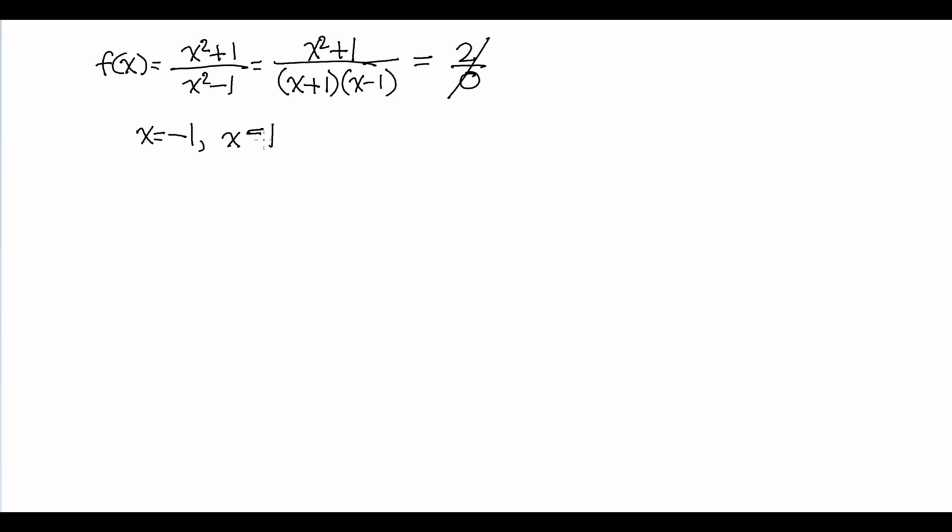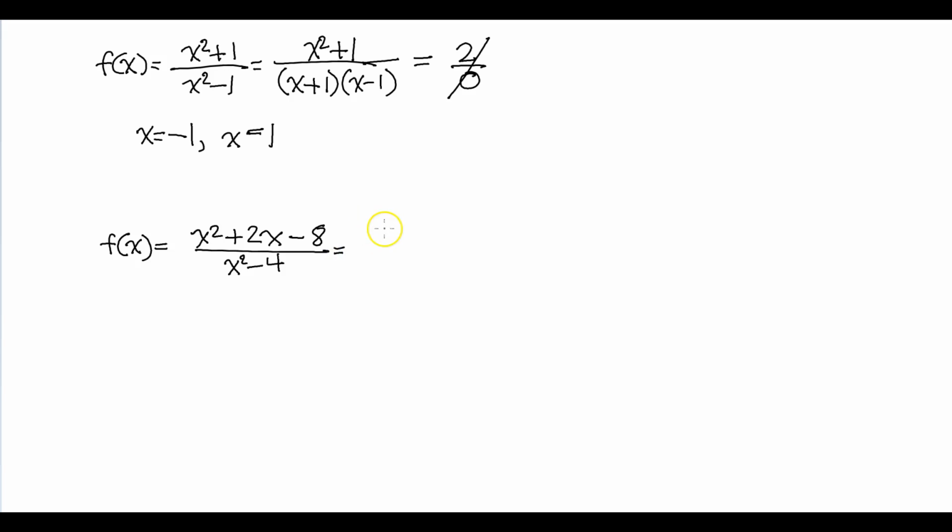Let's do another one. Let's find the vertical asymptotes of f of x equals x squared plus 2x minus 8 over x squared minus 4. You can factor this.